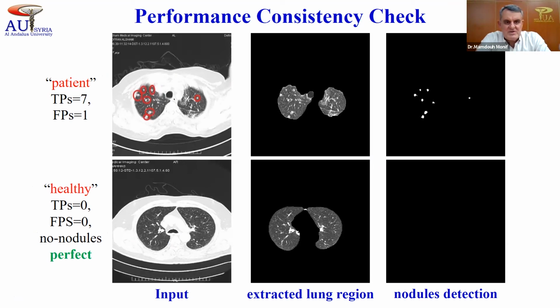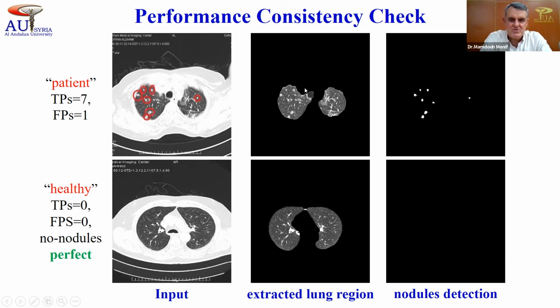As an example of the performance consistency check, the first row contains images from a patient with true positive of 7 and false positive of 1, where we see 7 nodules diagnosed by a doctor, and the system detected 8. That means 1 false positive.